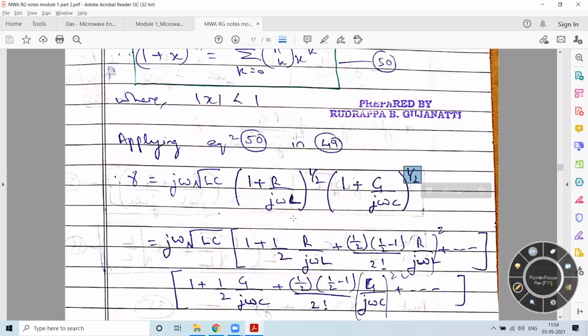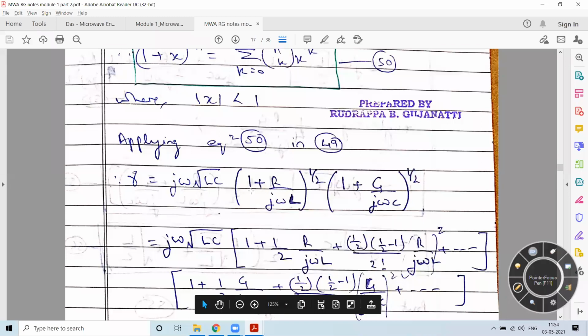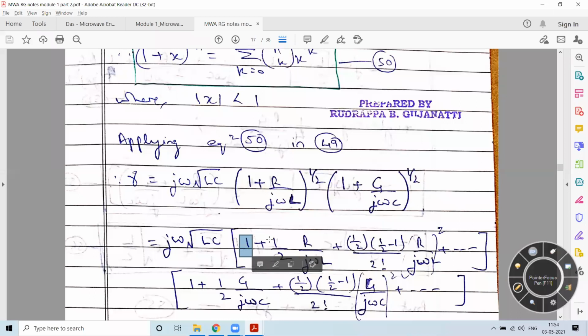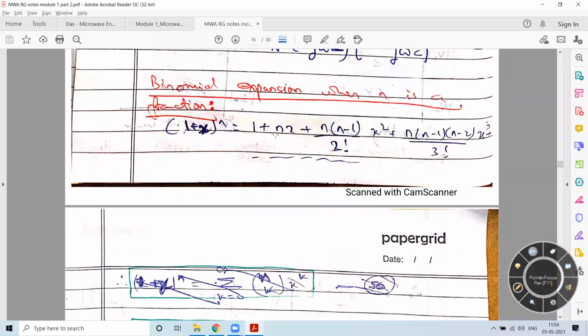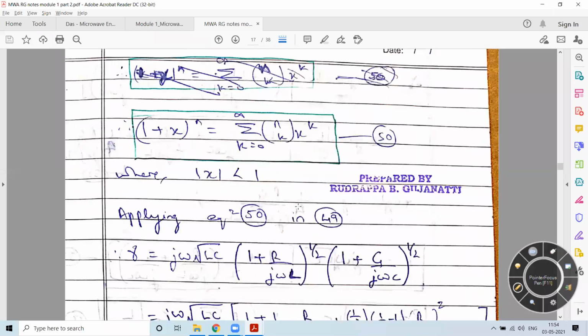So if I apply the binomial expansion for this one, I'll be getting this entire stuff. So here we have (1 plus x) raised to n, so it is 1 plus n into x.